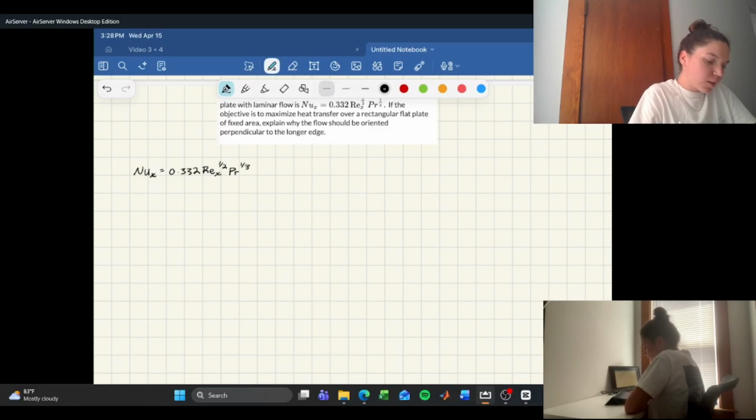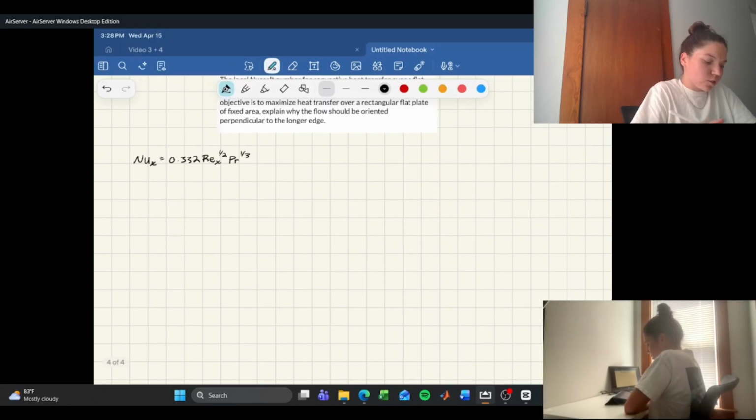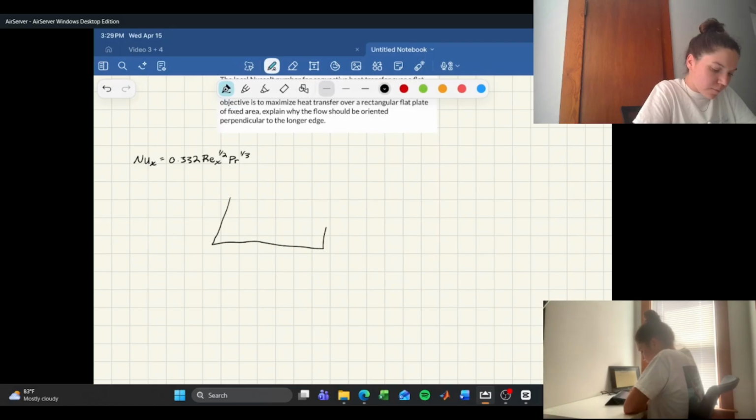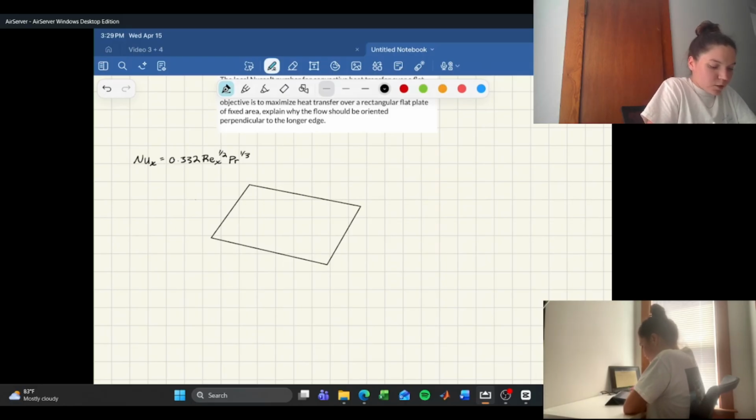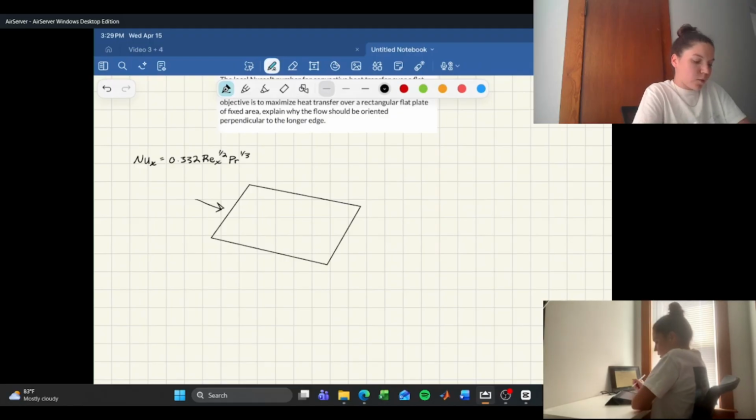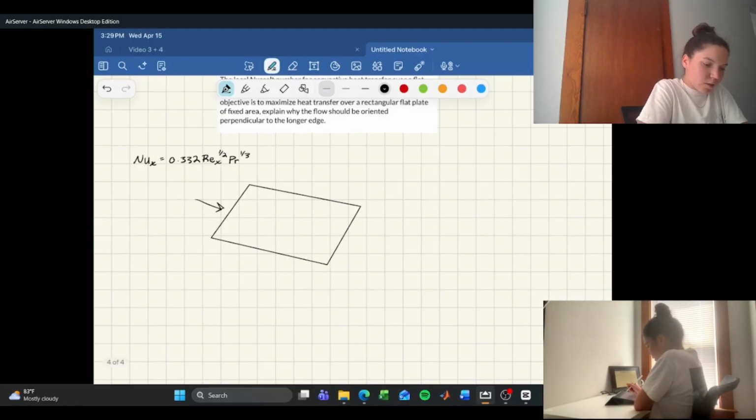And this we said was over a rectangular flat plate, so we can draw that. There we go. So fluid is going to flow this way. This is going to be the x direction.